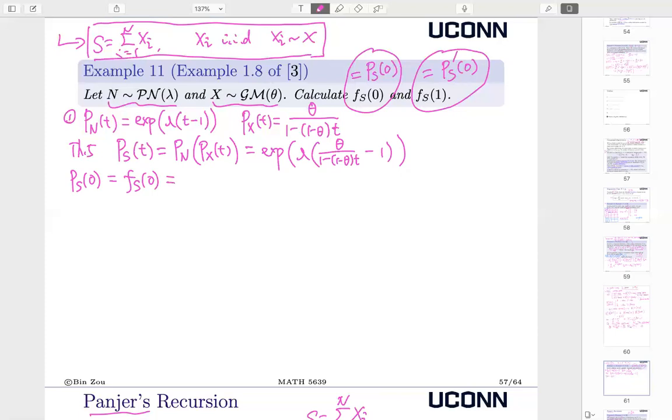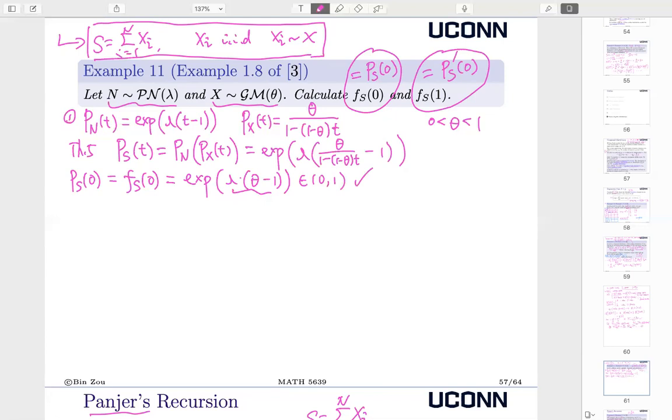Plugging in 0 for t, I have exponential of lambda times, here it becomes theta minus 1. Remember, theta is always between 0 and 1, so what I have is a negative number. Exponential of a negative number is between 0 and 1. That's perfect because I'm looking for a probability, which is supposed to be between 0 and 1. So excellent.